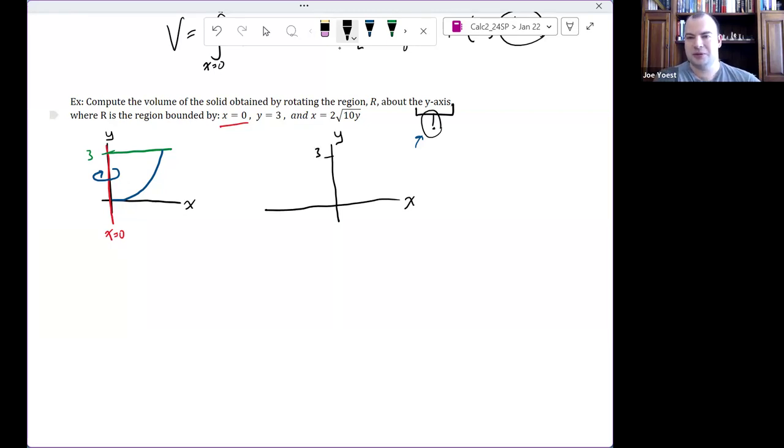So here's y equals 3. We have our green top and our blue curve. When this rotates around the y-axis, it's going to mirror over to the left side.